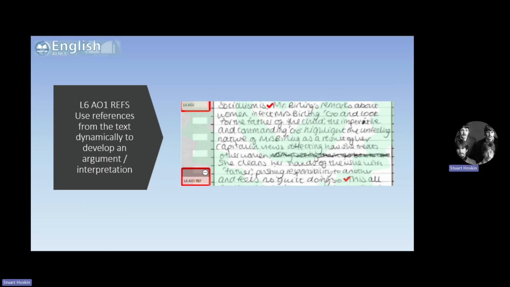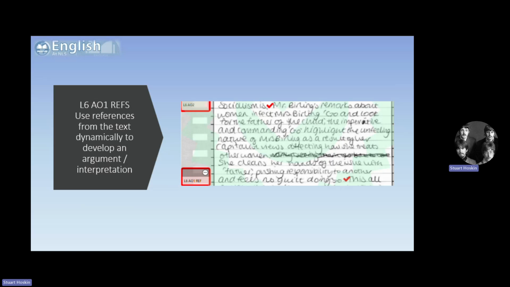Whereas if you know the text well enough, you don't even need to go and look for the father of the child here. You could just say, go, and the fact she refers to the father. You only need odd words and odd specific references. Just knowing the text gives you the chance of picking out references that are going to be effective for what you're saying. Okay.